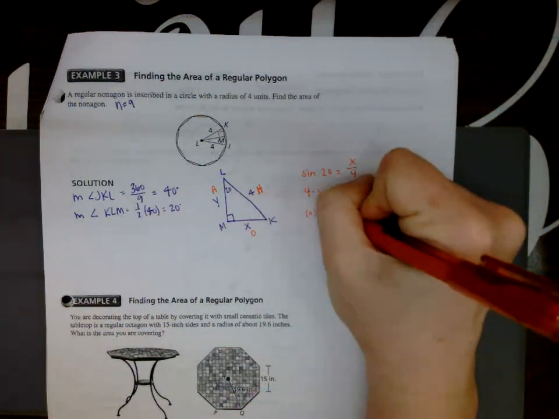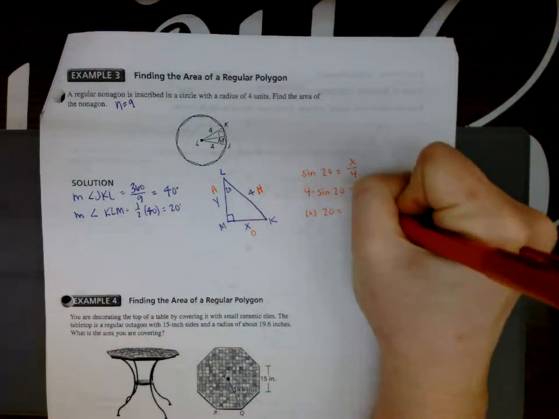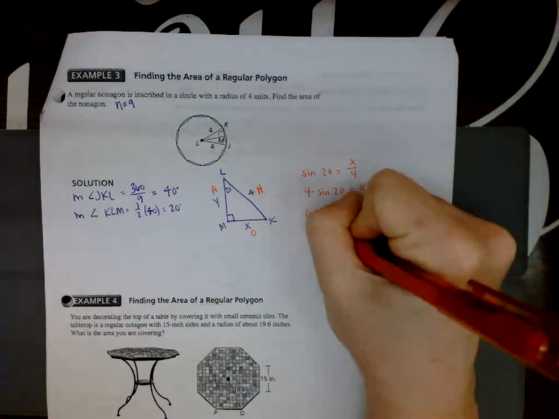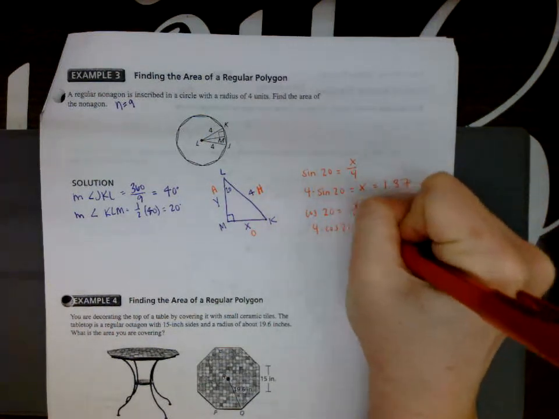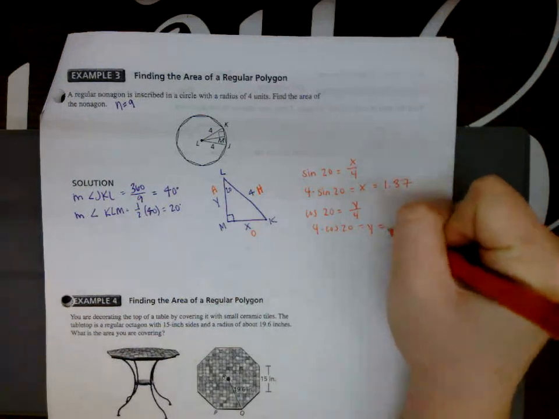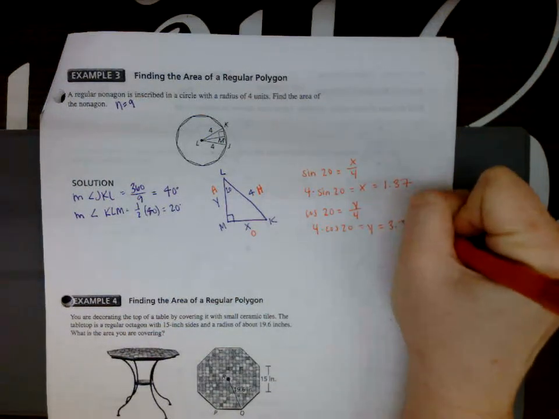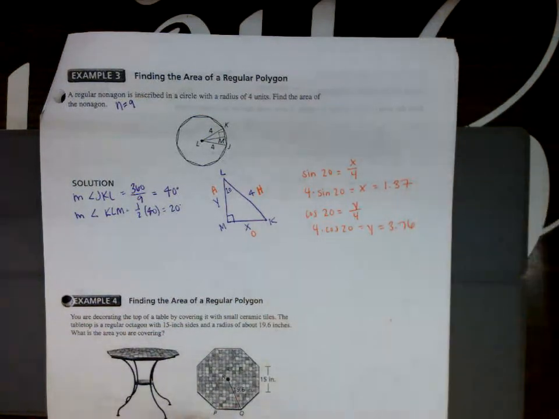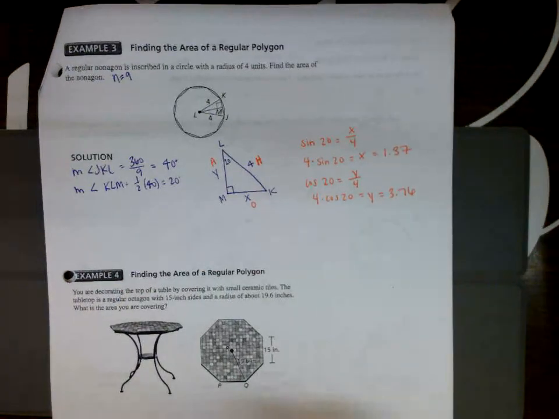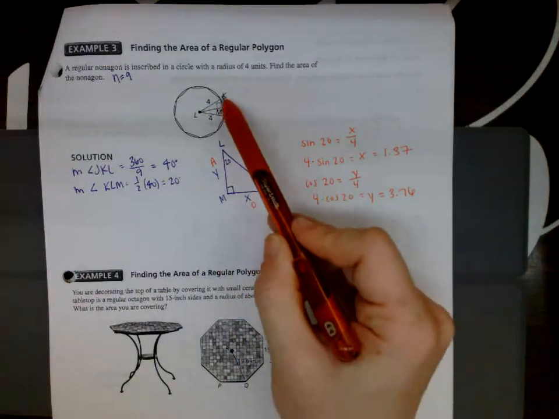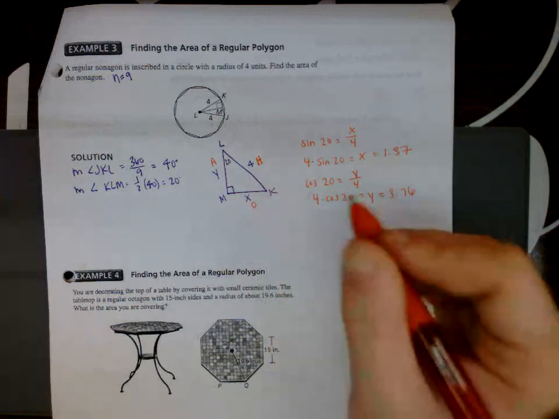Okay, so then I also can figure out that the cosine of 20 is equal to y over 4. So then 4 times the cosine of 20 is equal to y, which is 3.76. Okay, but now if I look up here, I don't just need to know k to m, I need to know k to j.